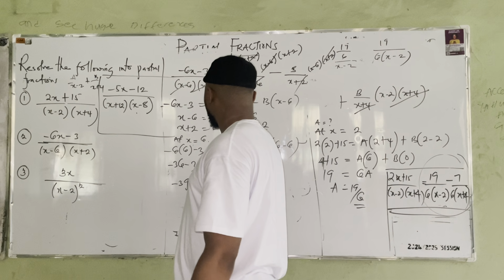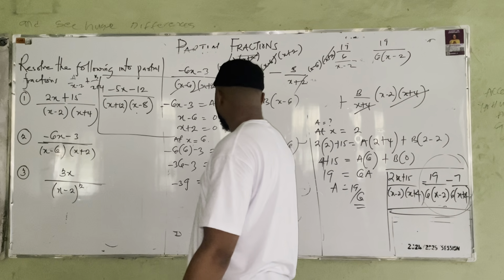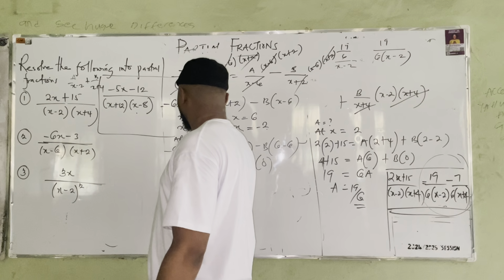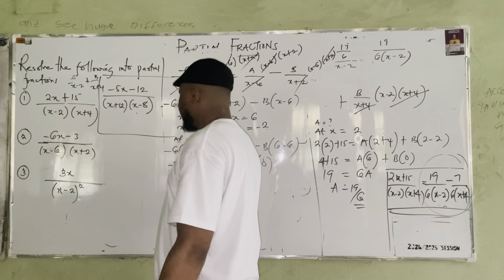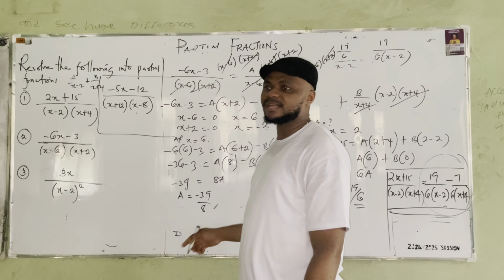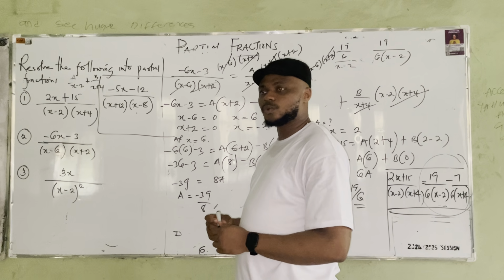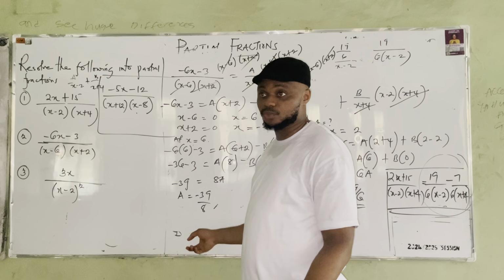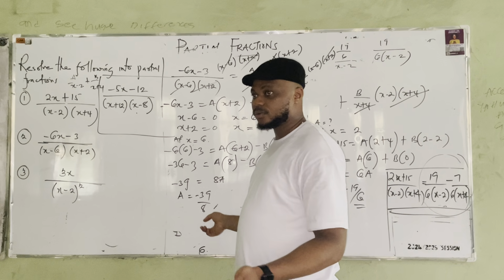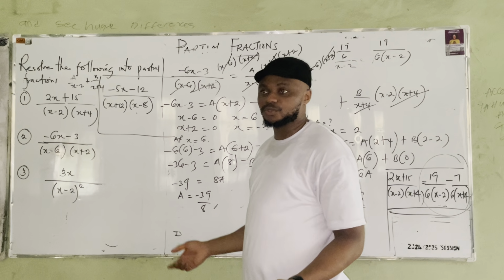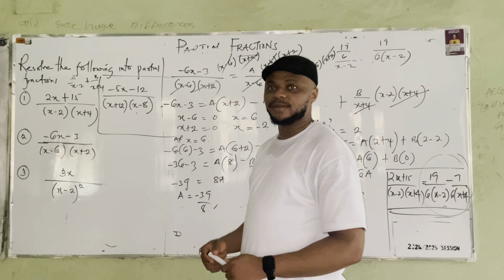Minus 39 will be equal to 8a, because minus b times 0. So a will be equal to minus 39 over 8. Can anything go through? Can 39 divide 8? No, because 2 cannot go into 39, but 2 can go into 8, which is 4. But 2 cannot go into 39, so we have minus 39 over 8.